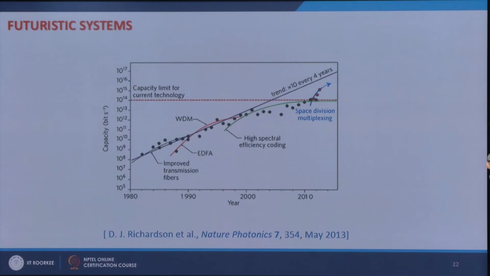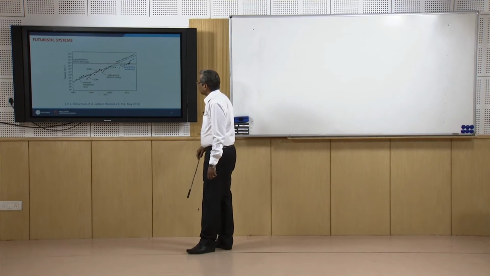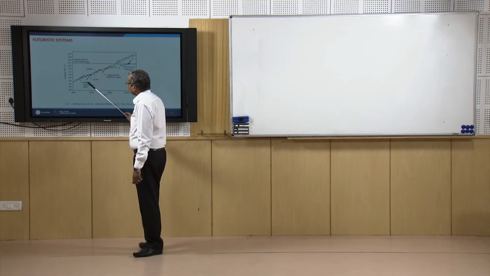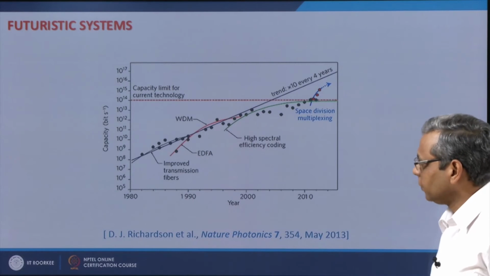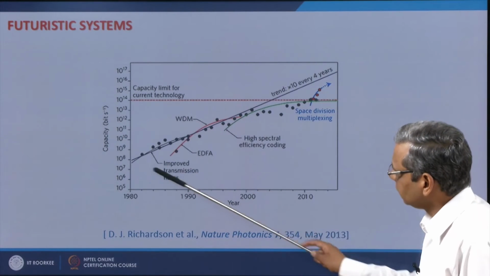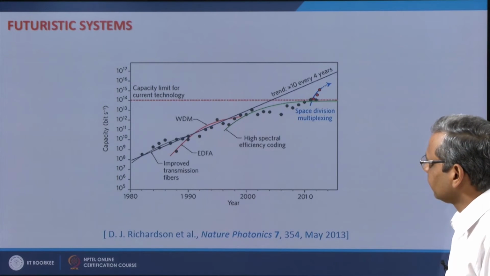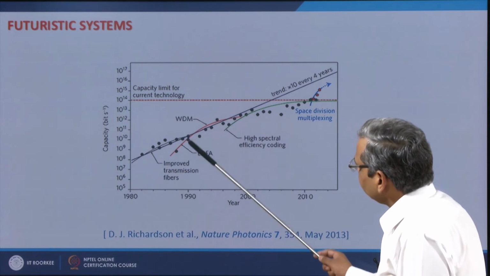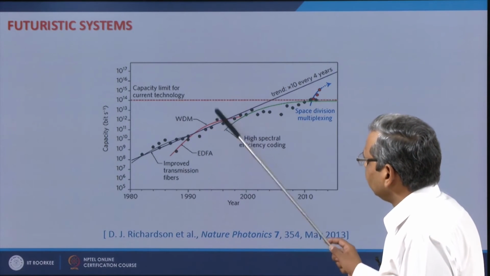If you look at it, this blue line shows that the capacity of an optical fiber communication system becomes 10 times every 4 years. And this trend started with the improvement in the transmission of optical fiber in the initial years of development of fiber optic communication systems. Then later on, this trend could be maintained by the development of EDFA and WDM systems.